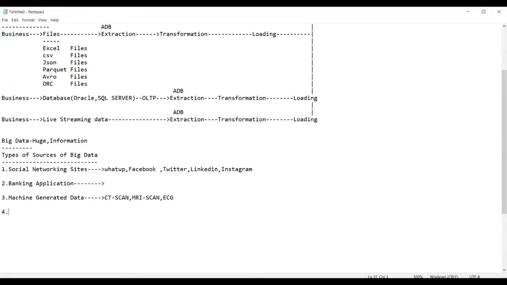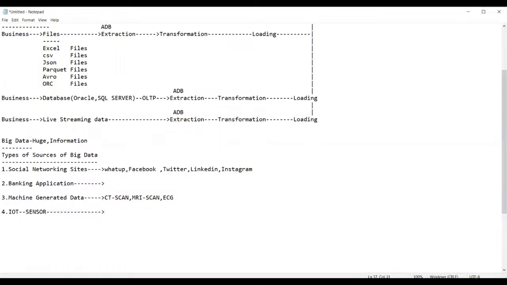After that, the fourth one we can consider is IoT sensors, Internet of Things. We get the data from sensors.